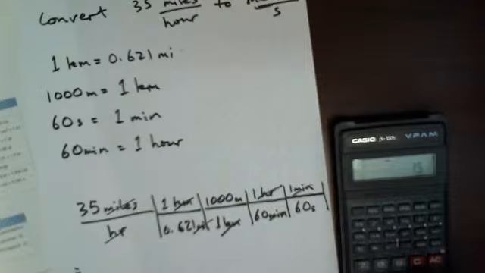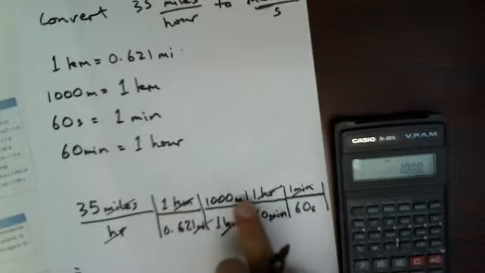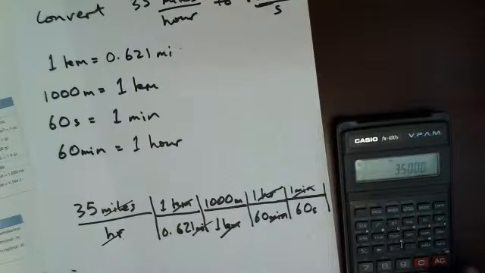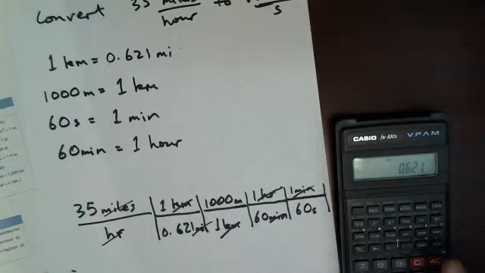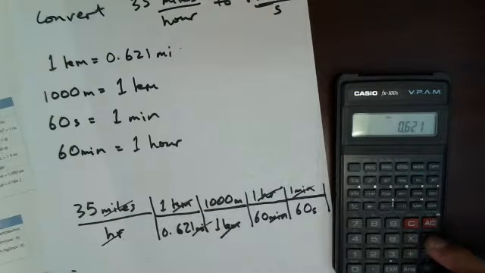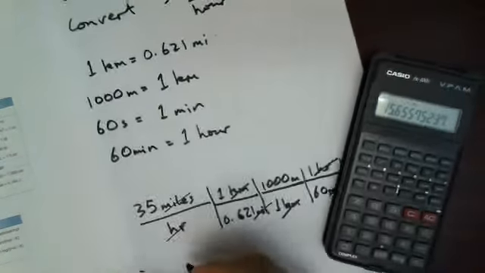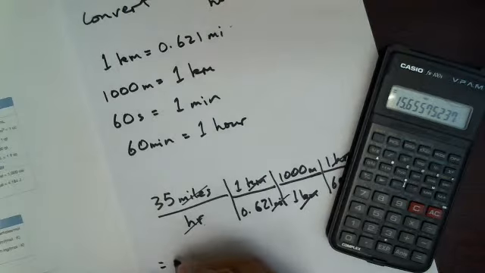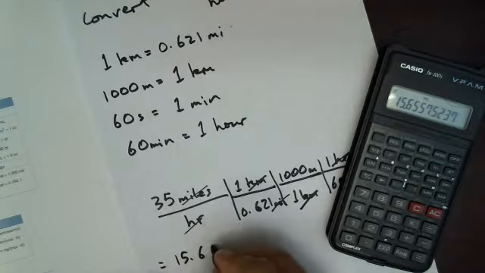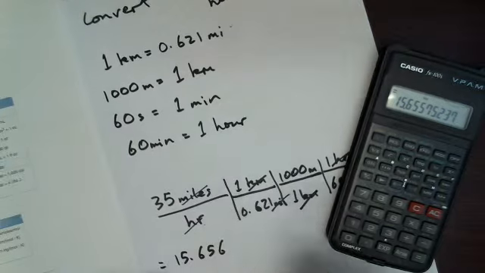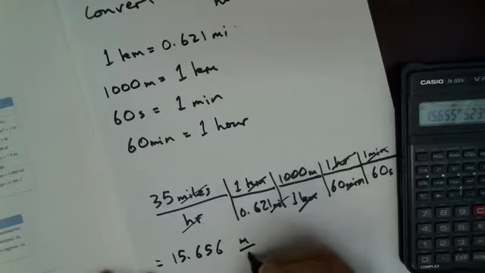I start off with 35 times 1,000, you don't ever put in the ones, equals, and then I'll divide it by 0.621, and then I will divide it by 60 and divide by 60. That will give me 15.656 meters per second.